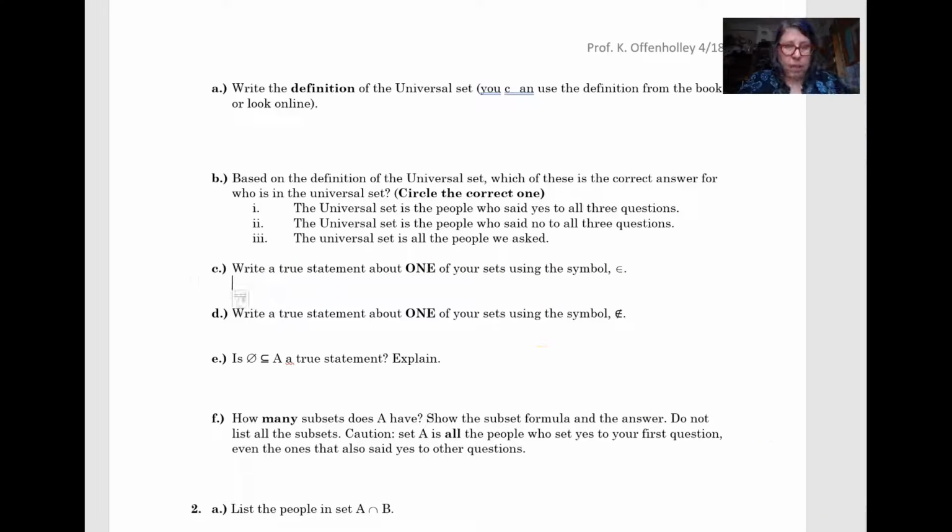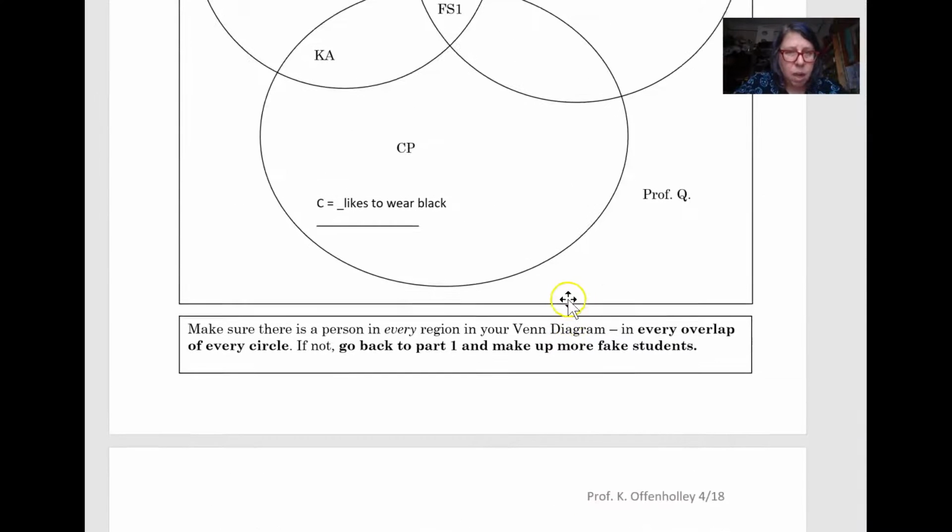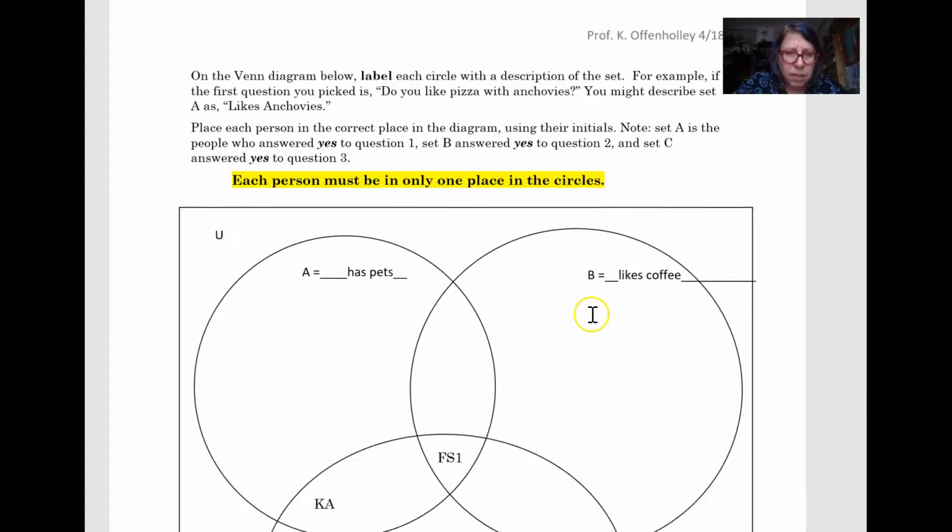So one of my sets could be the set A, right? And they're going to use this funny little symbol. This symbol means is an element of. And you will see that in section 3.1. We'll go over that. So it says is an element of. Who's an element of set A?